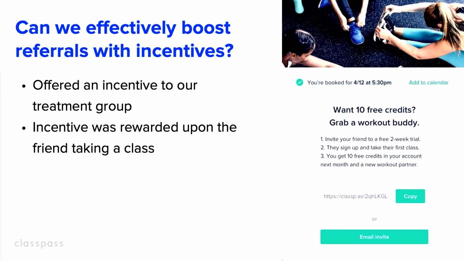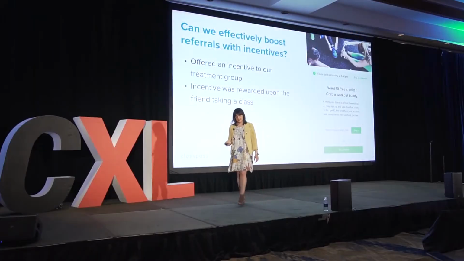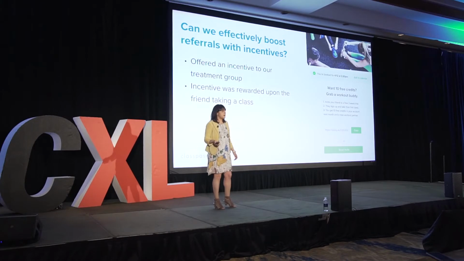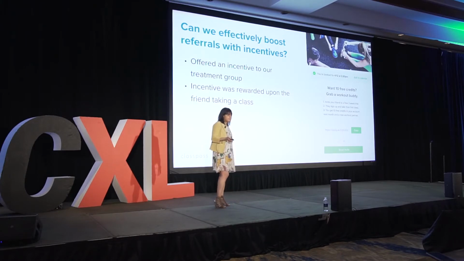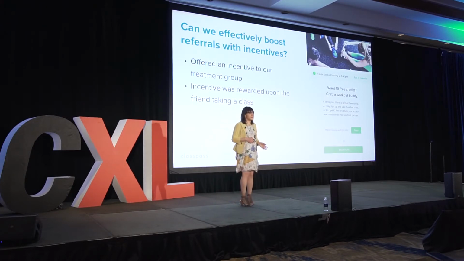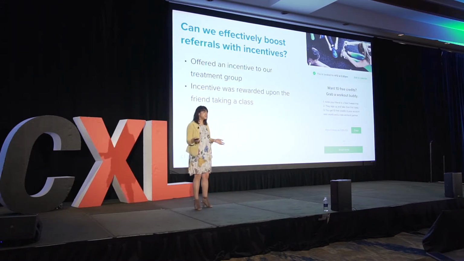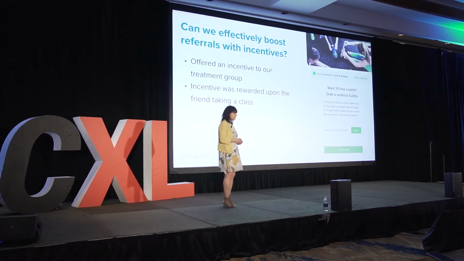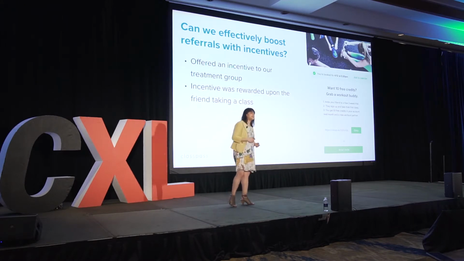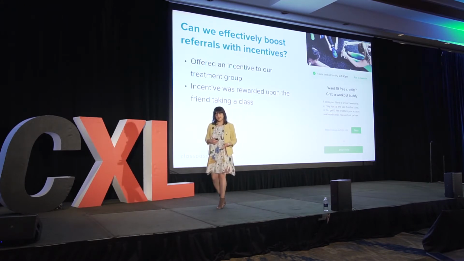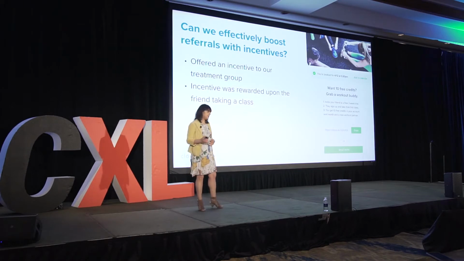So what we did was we offered 10 free credits. Now, credits in ClassPass are a way of booking fitness classes. And classes vary in terms of credit prices depending on the studio itself, the popularity of the instructor, as well as the class time. So by offering 10 free credits, it really gives our members the ability to decide how they want to apply that reward.